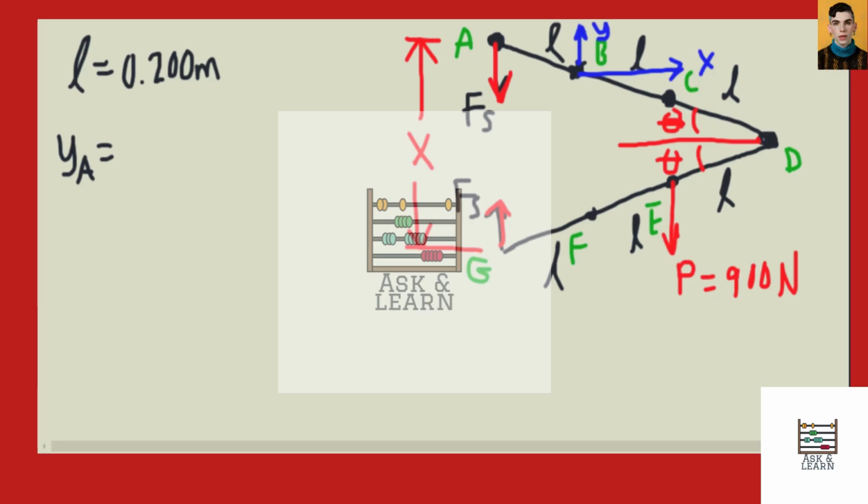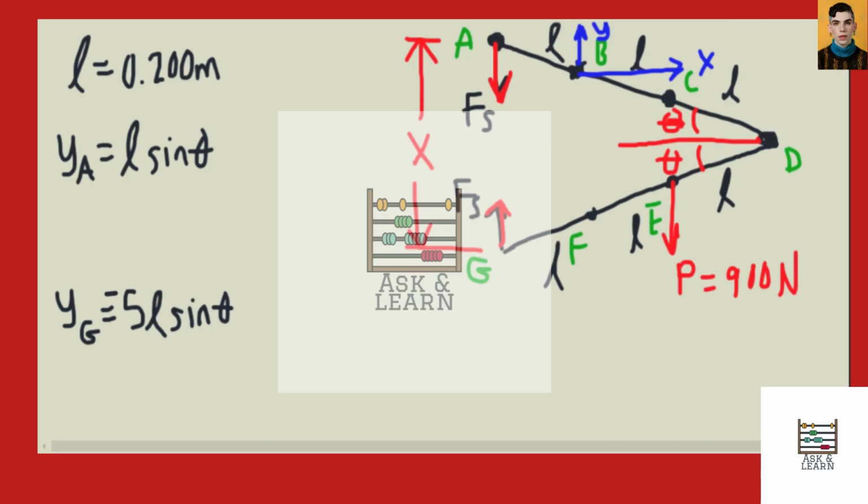Y equals L sine theta. All right, so that would be Y at A. Y at G is going to be 1, 2, 3, 4, 5 of the L's sine theta.